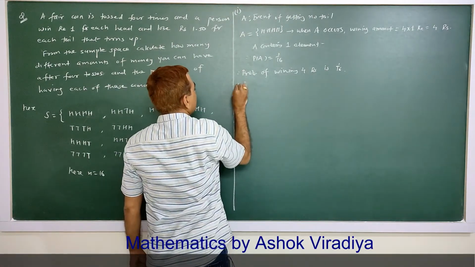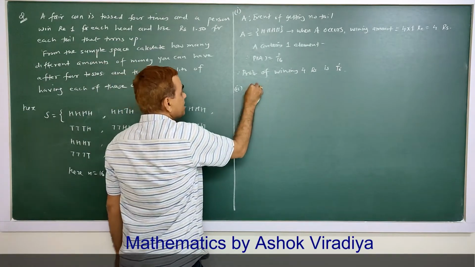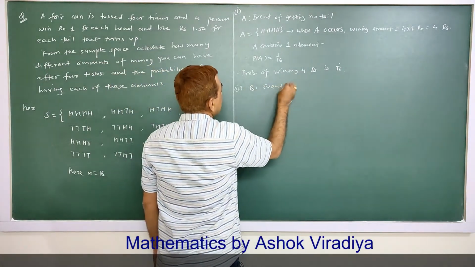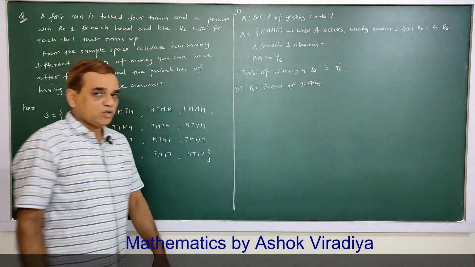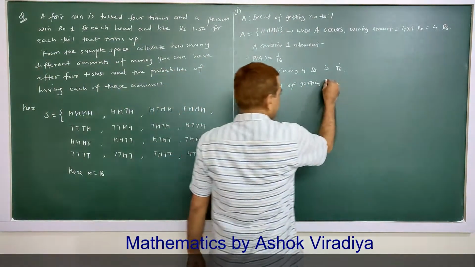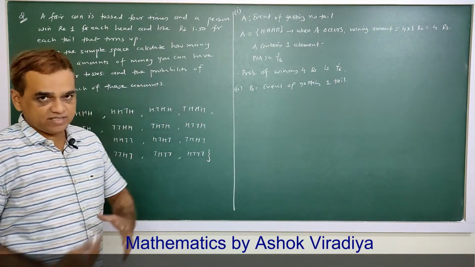Now case 2. Suppose B is the event of getting 1 tail.